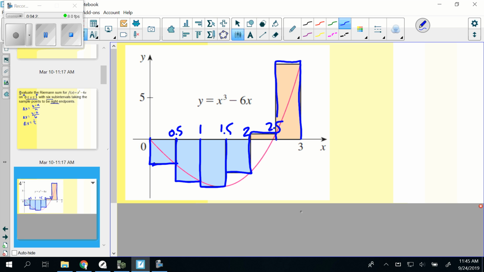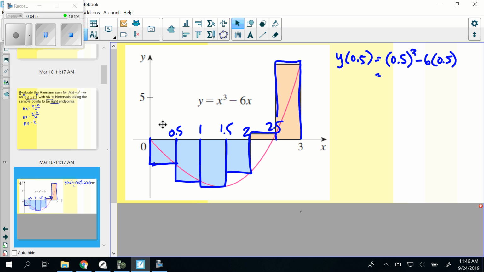You can find those by just plugging in those values into the function to figure out the y value or the height. So for example, at 0.5, if we plug 0.5 in for x, we should get that. So we're going to do 0.5 cubed minus 6 times 0.5, and whatever that equals, that's the height there. Probably the quicker way to do this would be to use a calculator.